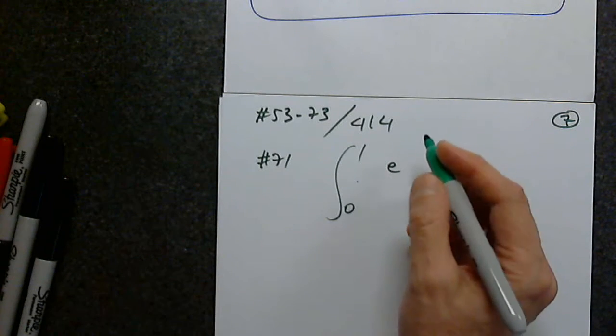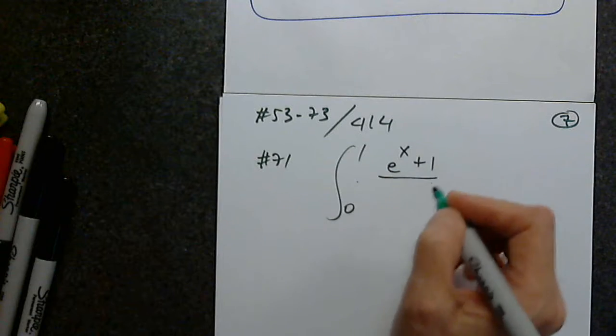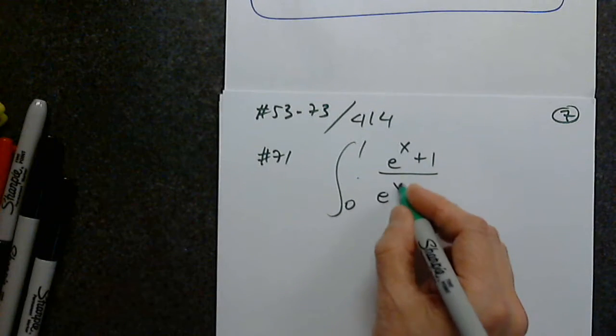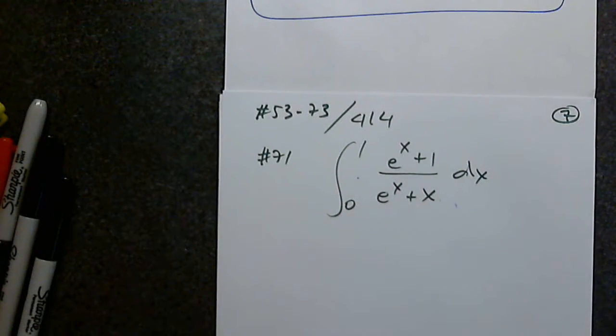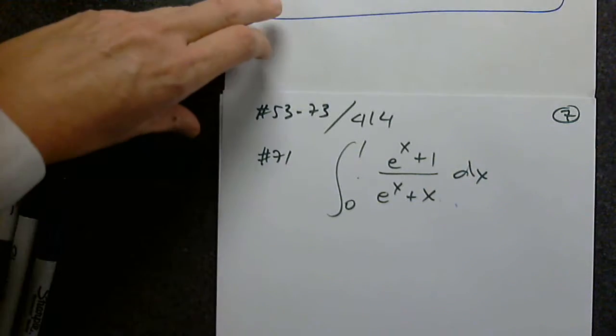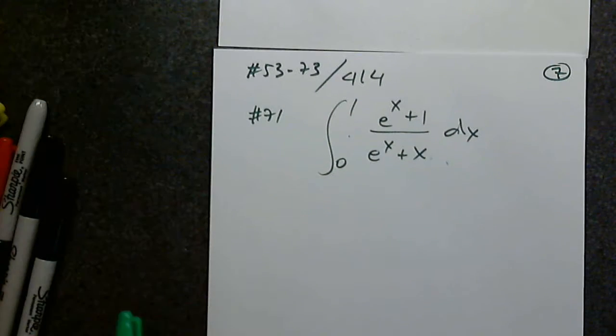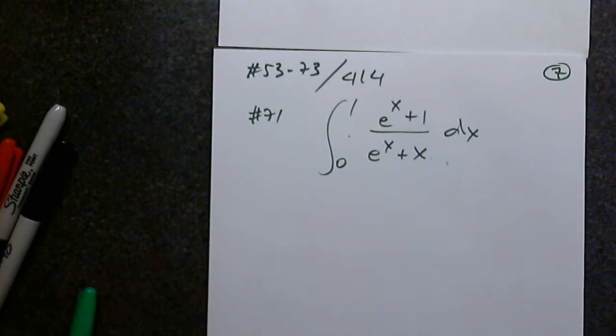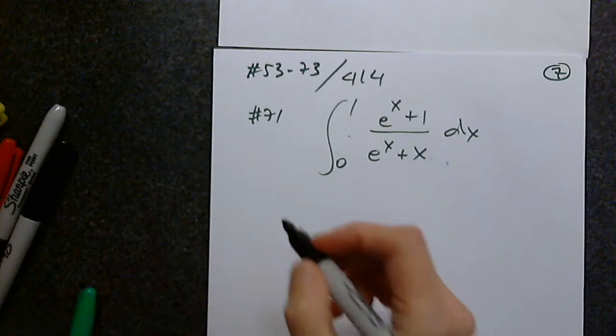I'm going to change z to x because my z is not that. So it's e to x plus 1 over e to x plus x times dx. Okay.